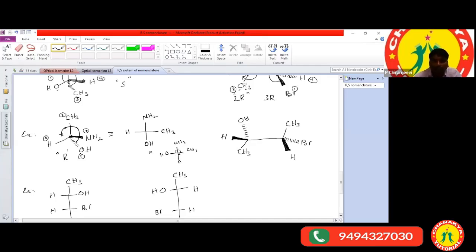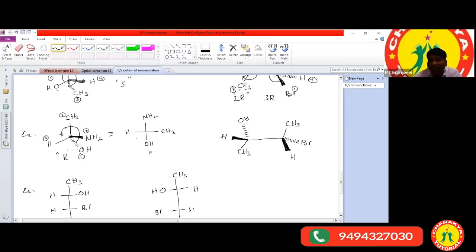This is the actual representation we can get here. So we can convert like this. But after conversion, you have to take a rotation, some shifting will be there. Whenever you take the shifting, we can take it as a 90-degree shifting.